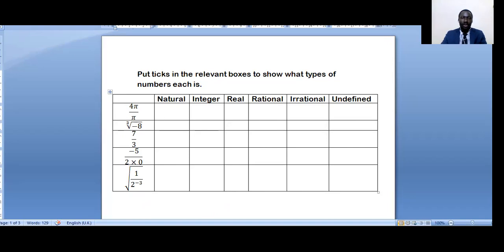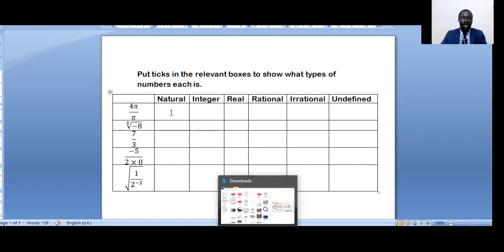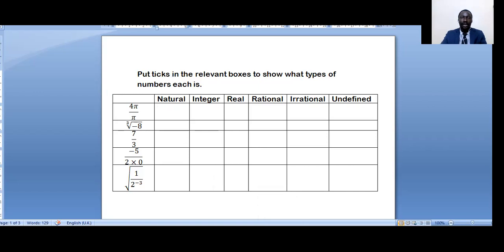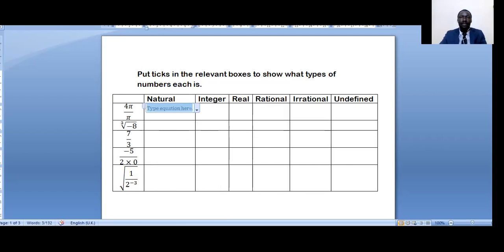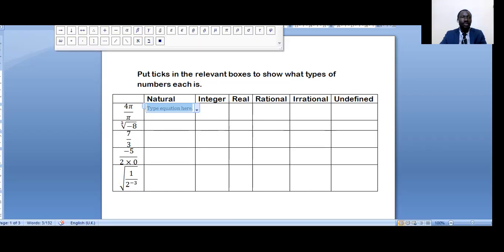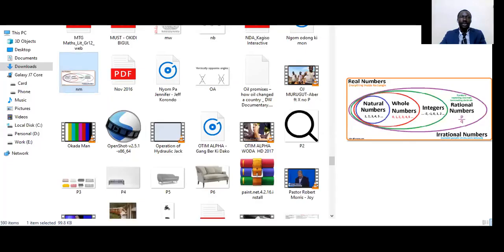So just before we get started, let's see if we can find a tick to put there. I've got to get it from this point.